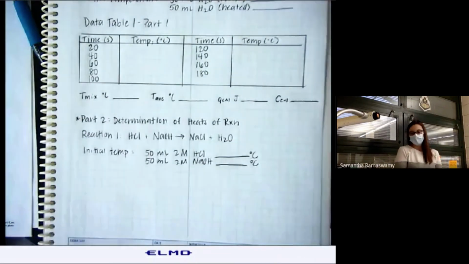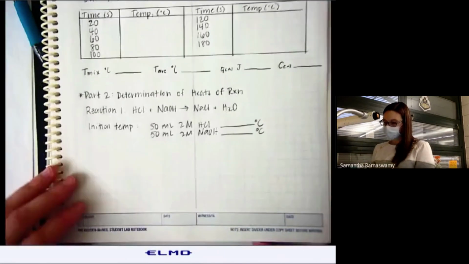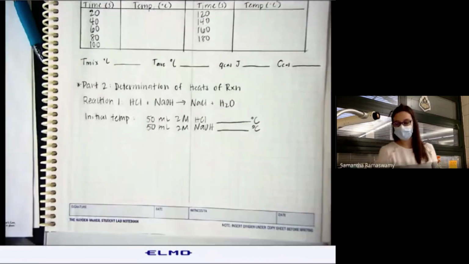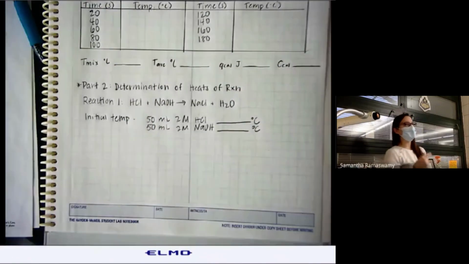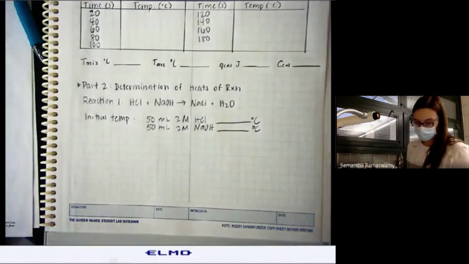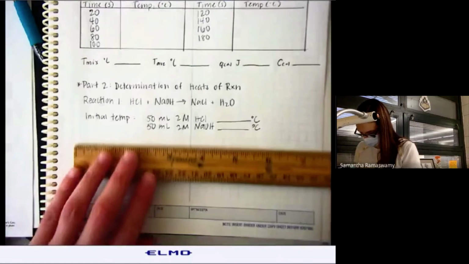And then it comes time for another data table. The data table is the exact same as the first data table. All the data tables are going to look just like this, except it's a different number and a different title. So let's see if I can draw this one a little bit better.